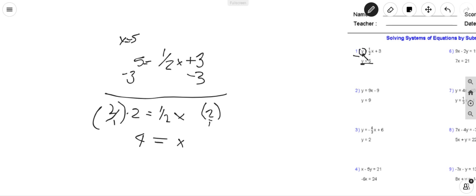So here, y equals 5 and x equals 4. That's how to sum up the first problem.